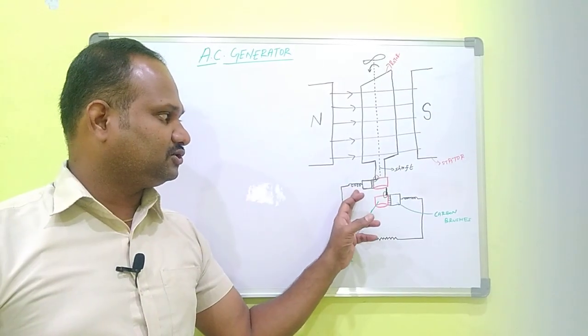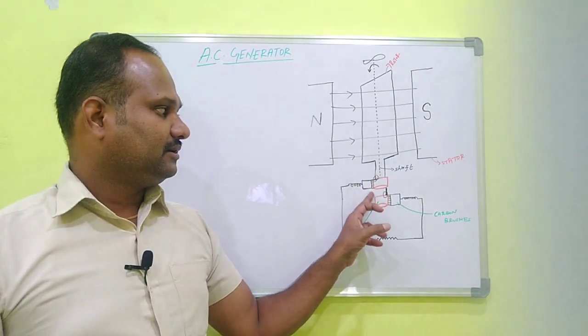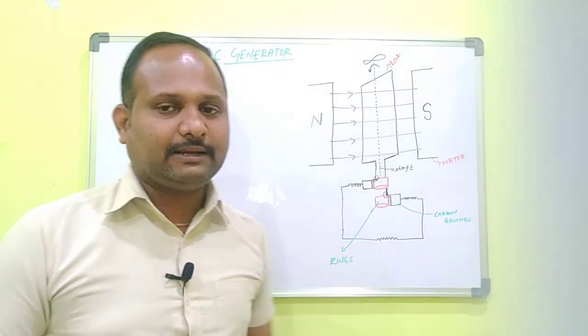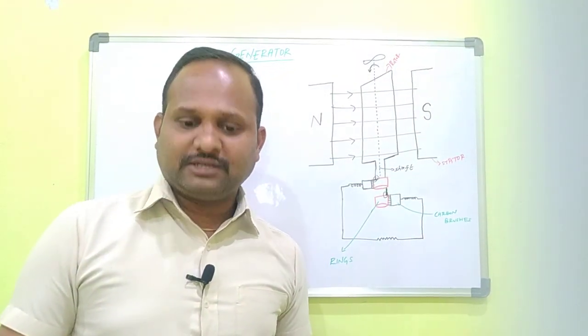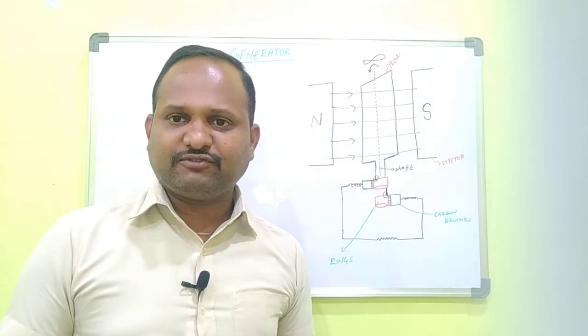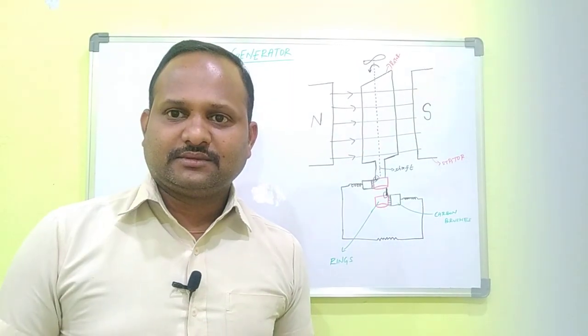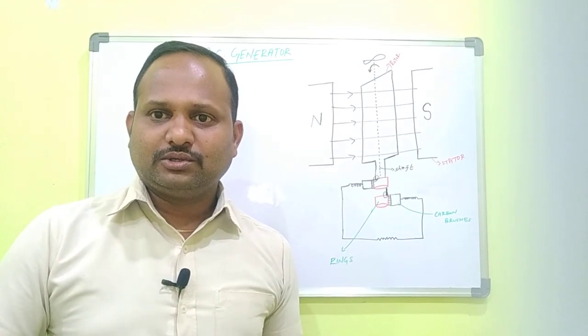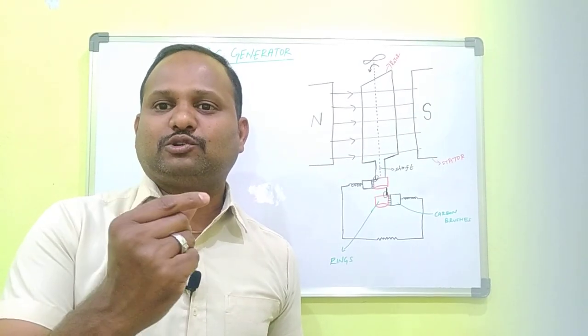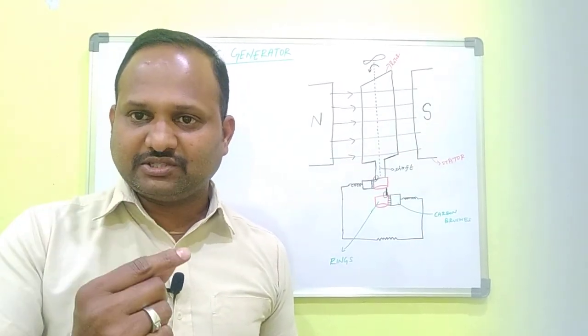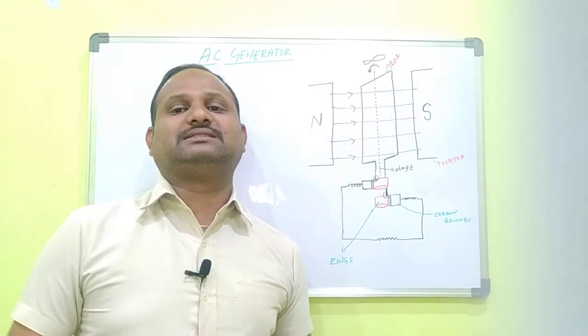The springs are used to press the carbon brushes towards the rings. Because what is the purpose of using springs here?